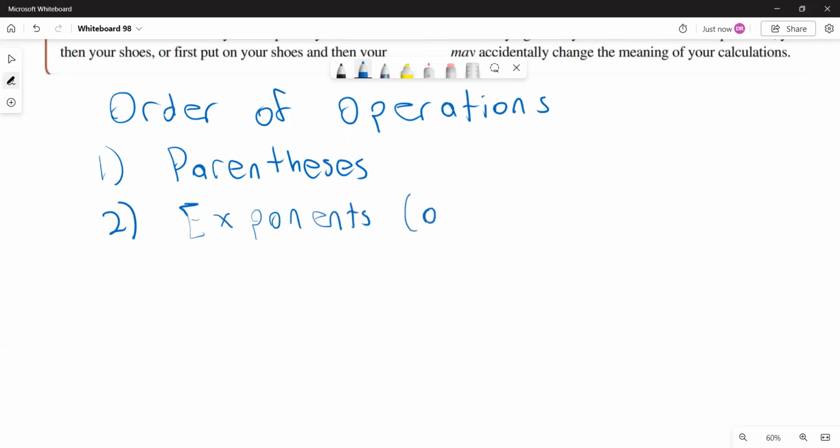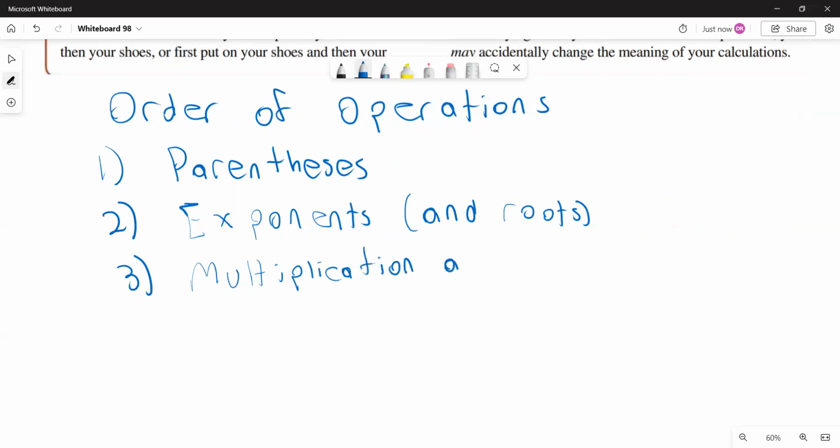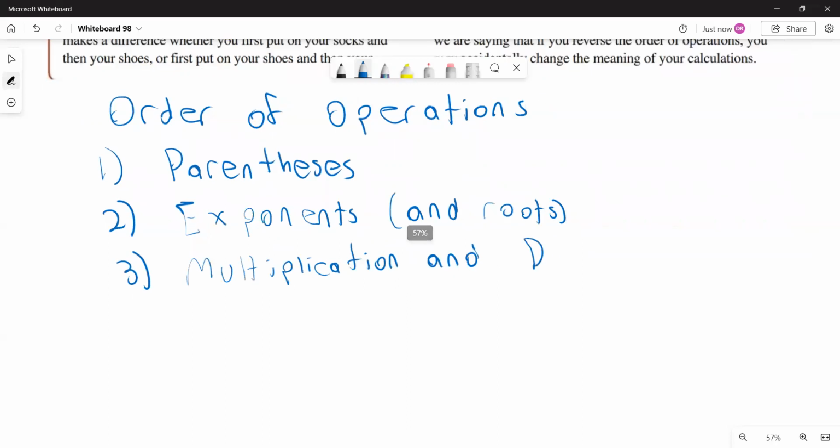Exponents, and that include radicals or roots, like square roots. The next operation in the order is multiplication and division. And finally, addition and subtraction.